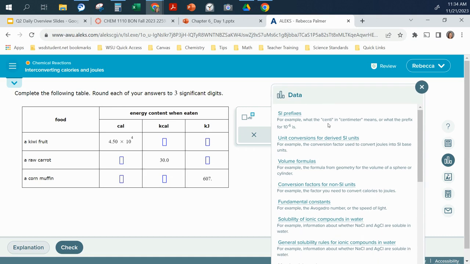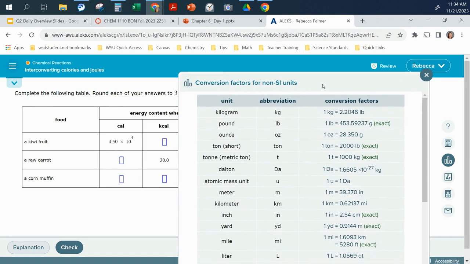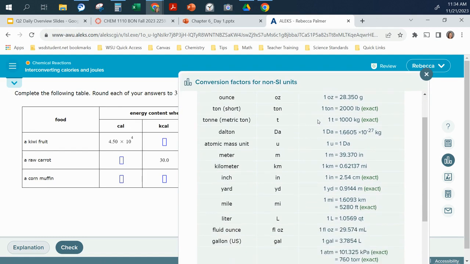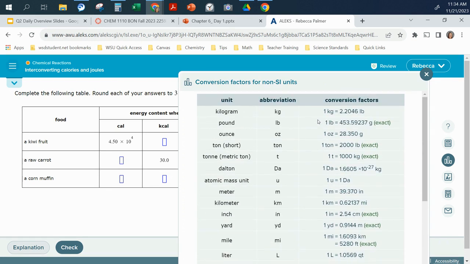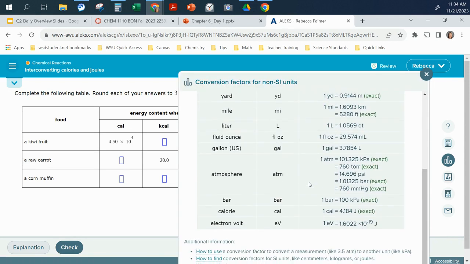These are conversion factors for something non-standard. Is it in here? No. I think it was at the bottom. Yeah, right there, here it is. So for a calorie, it's 4.184 joules.